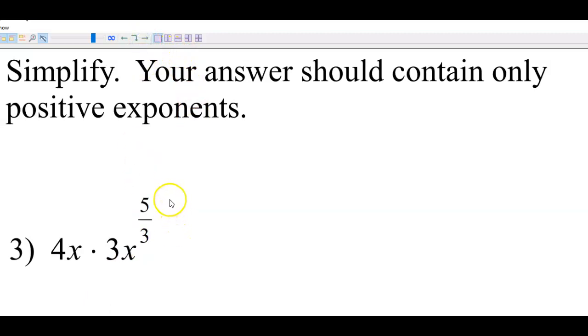Okay, so here I'm just going through examples. These are all product rules here, right? On this one, I would need to multiply 4 times 3 together to get 12. I have x to the first power times x to the 5/3 power. So x is going to have the exponent of 1 plus 5/3.